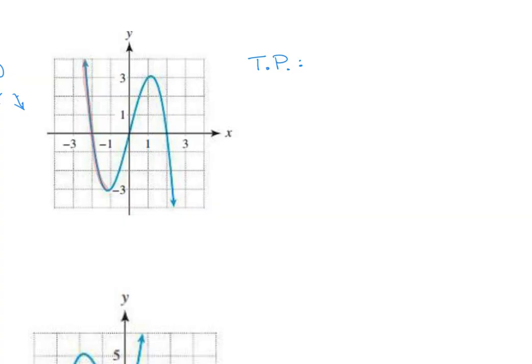We are coming down. We are then turning around and going back up. This is our first turning point. We go up, and then when we get up to this point, we turn around and we come back down. And so we have a total of 2 turning points.